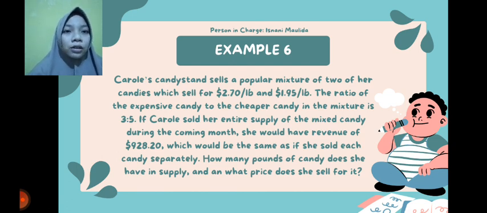If Carol sold her entire supply of the mixed candy during the coming month, she would have revenue of $928.20, which would be the same as if she sold each candy separately. How many pounds of candy does she have in supply, and what price does she sell it for?